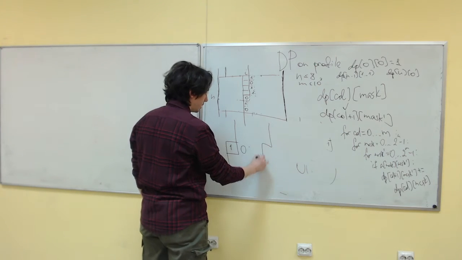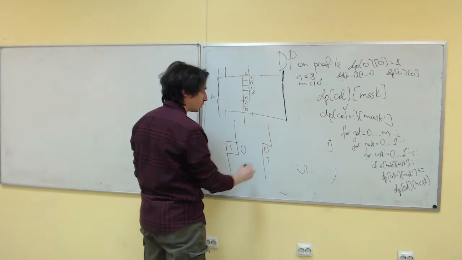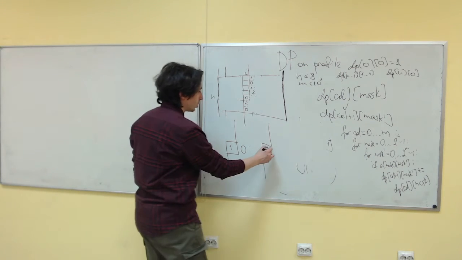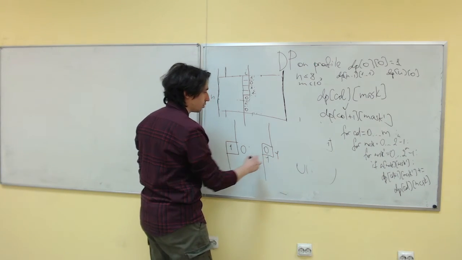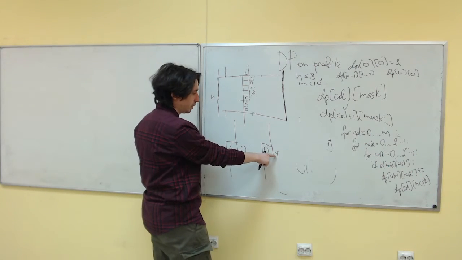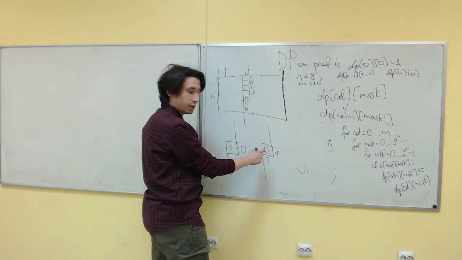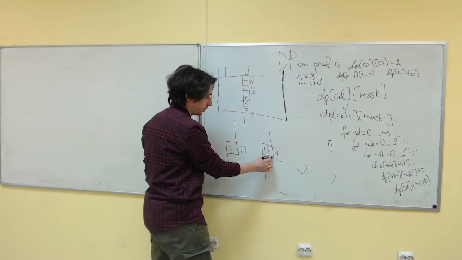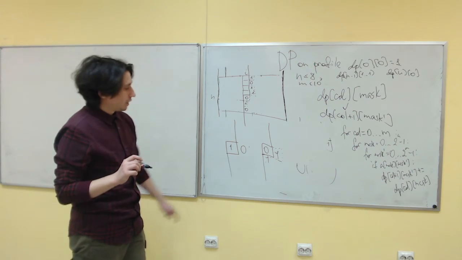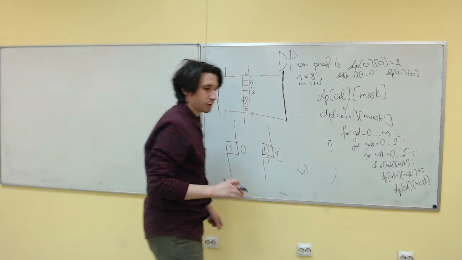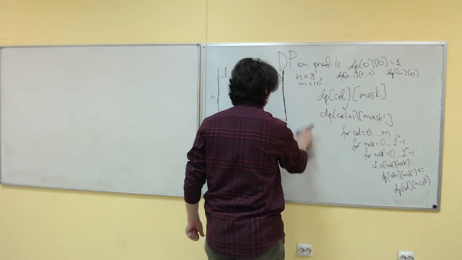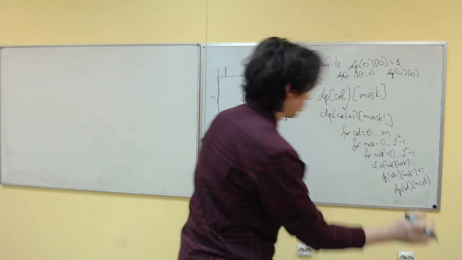Then suppose here is 0 and here is 1. Then there is only one way to put a domino, so we make a step to this state where here is 1, like there is a domino like that, and some value here. And there is the third case where there exist two steps.